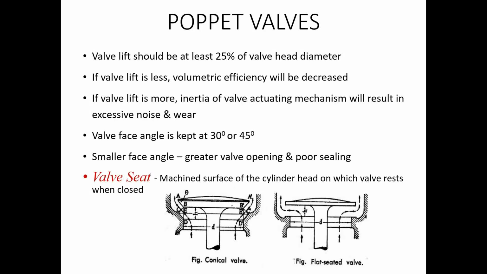These valves, as I mentioned earlier, will come and rest on the valve seat, and the valve seat is usually machined on the cylinder head, and it is the surface on which the valve comes and rests when it is closed. You can see here the different types of valve seating. This is the conical arrangement where conical valves are used, and this is the flat seated valve where we do not have a conical section, it is a flat arrangement.